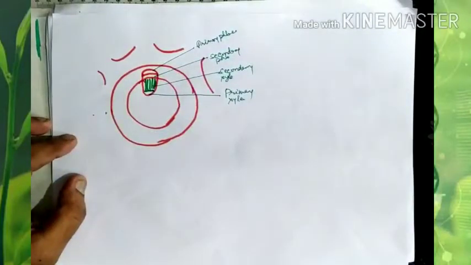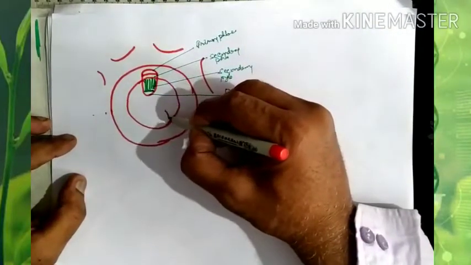This pattern is found at every position of the vascular bundle.